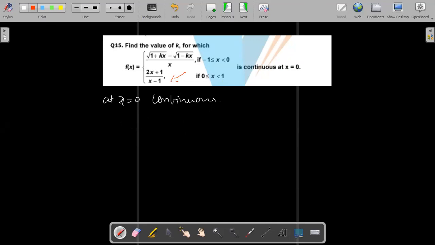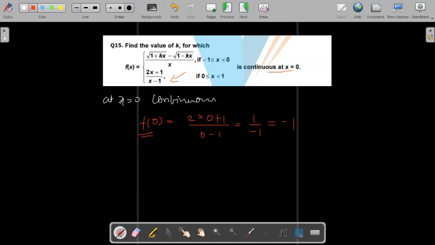So if you are getting LHL and value of function from one side, one piece of your function, I would suggest that because they have given that this function is continuous, you should calculate only f(0), which is 2 into 0 plus 1 upon 0 minus 1. So 1 upon minus 1 is equal to minus 1. So f(0) we are getting minus 1.